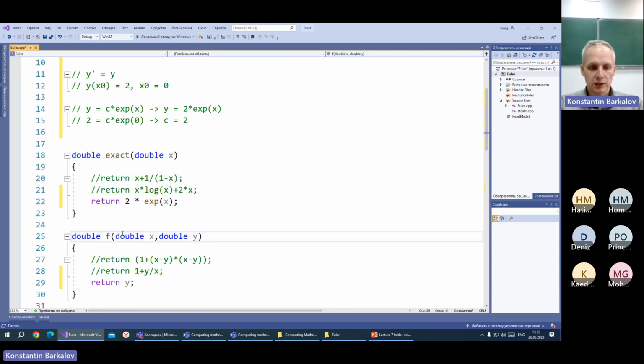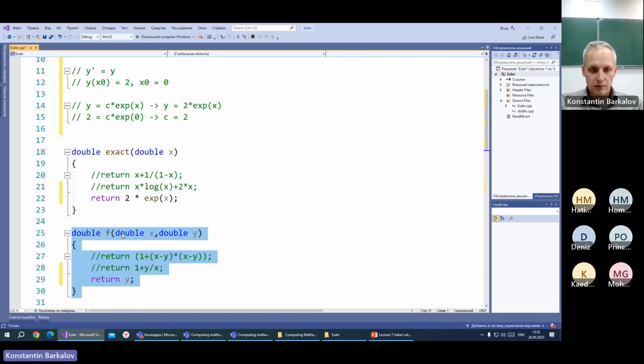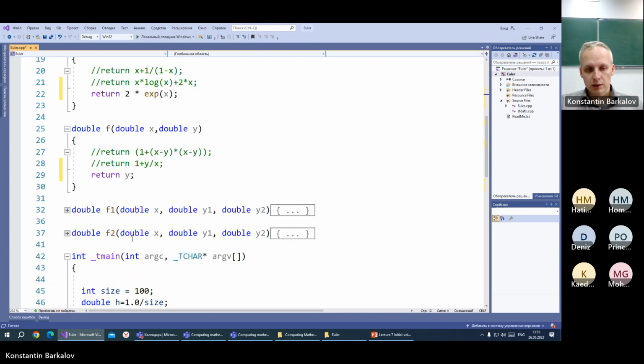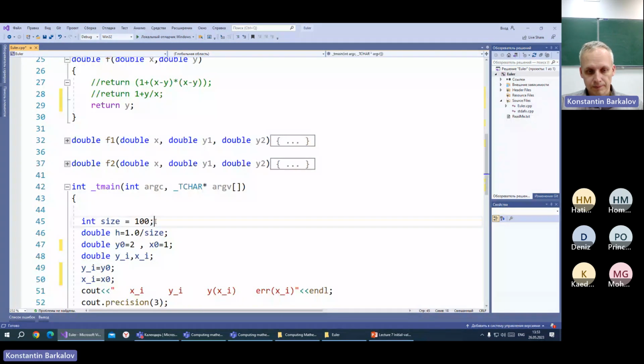We have here the right-hand side of the equation and the exact solution that we can find according to this initial condition. Now let's try to implement Euler's method in main.